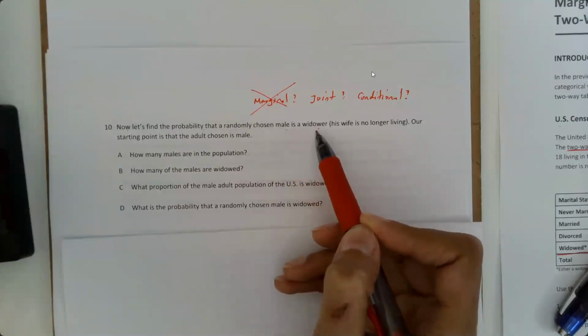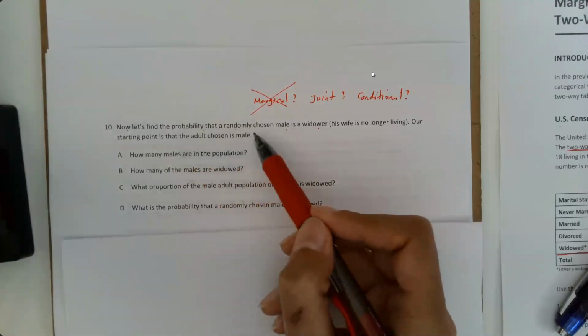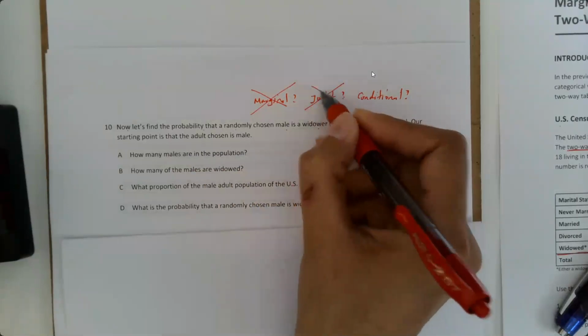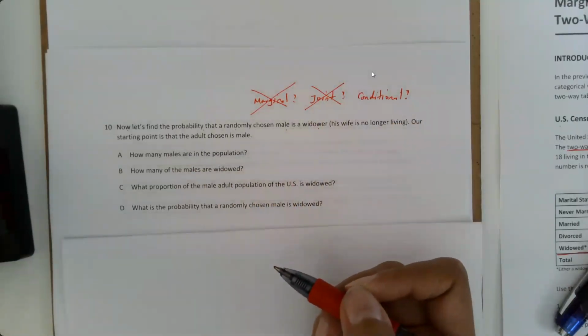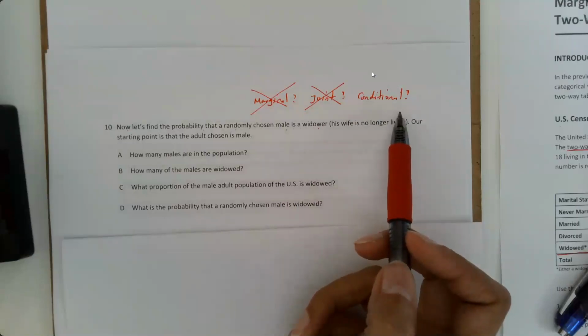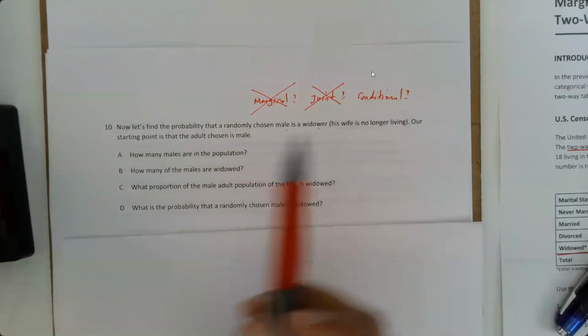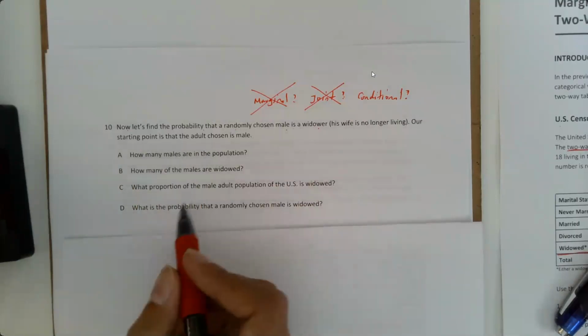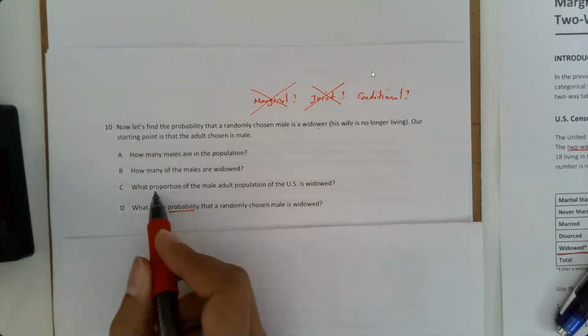The probability that a randomly chosen male is a widower. We don't see the keyword and, so it's not going to be joint. The only option left is conditional.